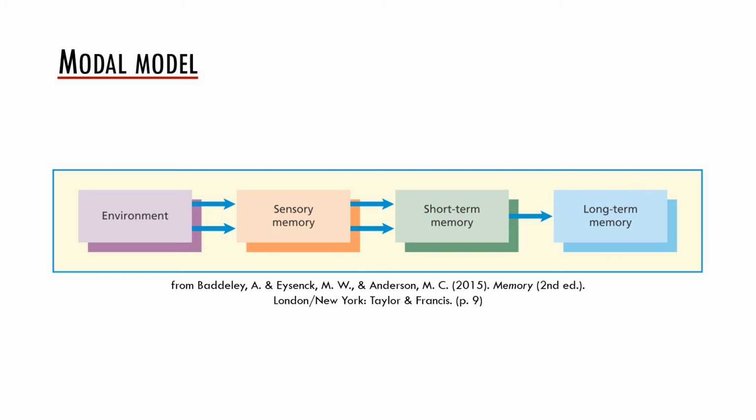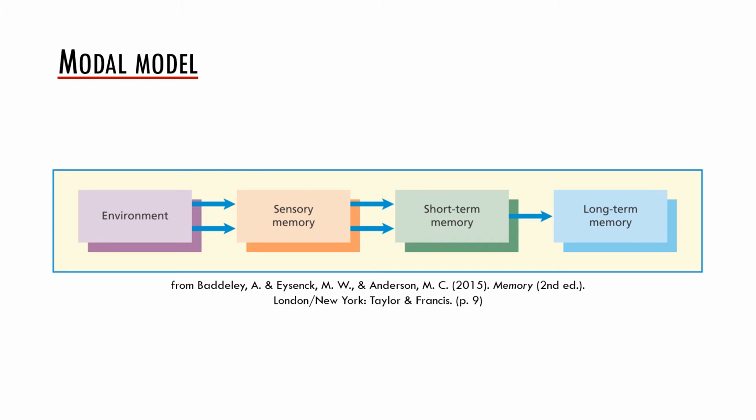Contemporary views of the memory systems emphasize not only the storage of information, but also various processes that operate on stored information. Also, it is clear that information flows in both directions between the memory systems. In other words, long-term memory influences the short-term memory and also the sensory memory.